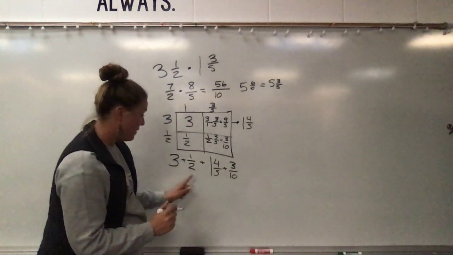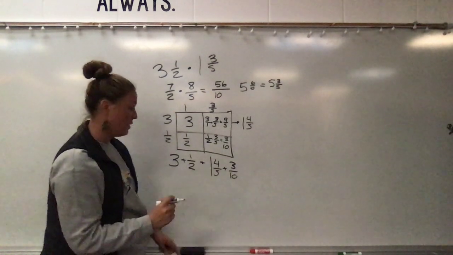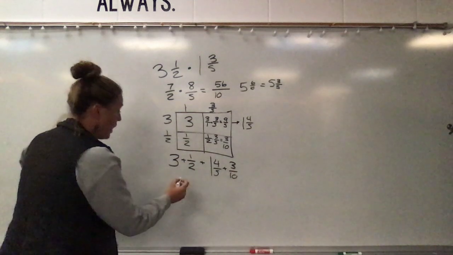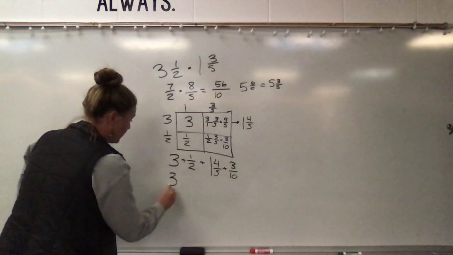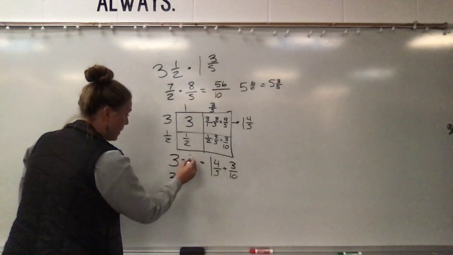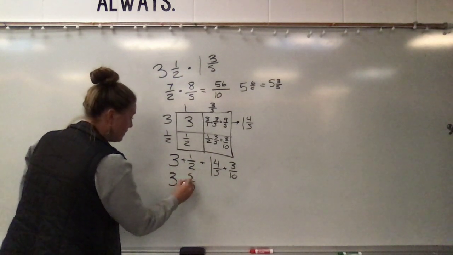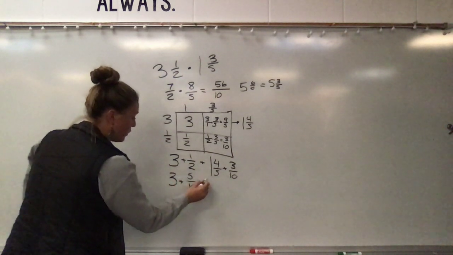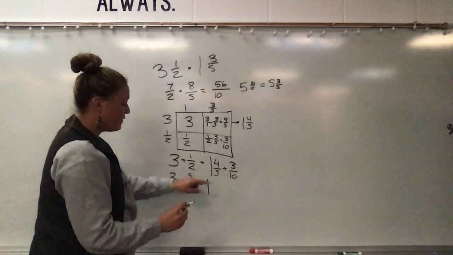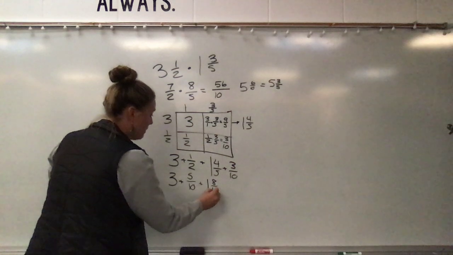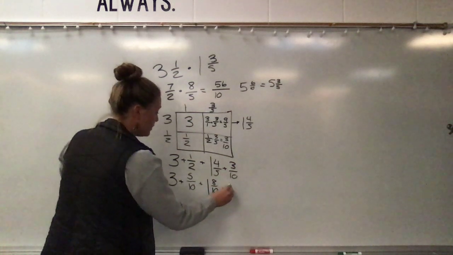We have a half, a fifth, and a tenth. So the common denominator here is 10. So I'm going to rewrite this as 3 plus, turning this into tenths, is 5/10. There's our 1 4/5 is equivalent to 8/10. And then this is already 3/10.